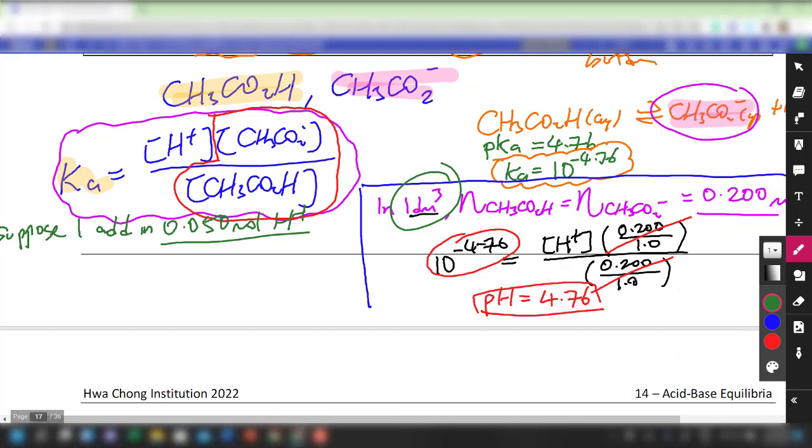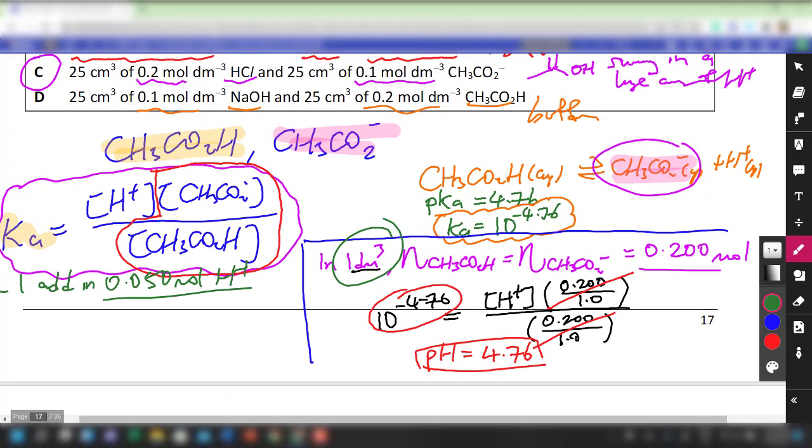When I add in my H+, the question to ask yourself is which of these two species, ethanoic acid or ethanoate, will react with the H+ being added? I think the answer is obvious: ethanoic acid is a weak acid, ethanoate is a weak base, so of course the base will react with the acid.